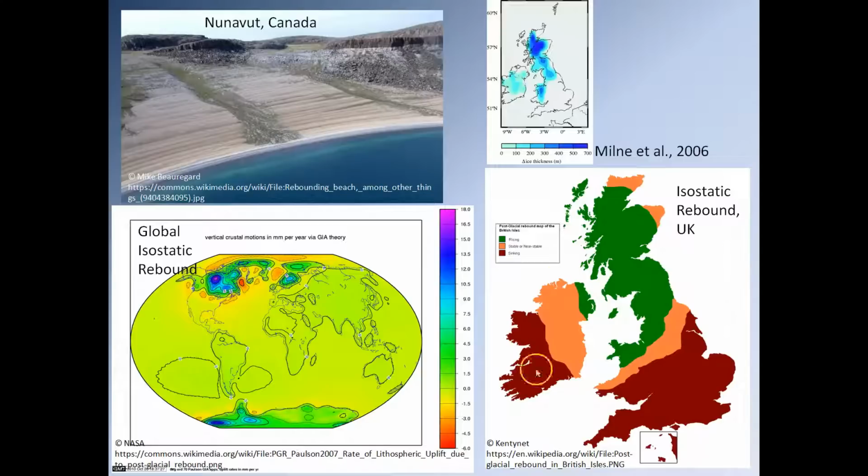The weight of the ice pushed down Scotland, northern England, northern Wales and a bit of Ireland, and that caused the southern portions of the United Kingdom and Ireland to rise up. Once that ice has disappeared, the northern areas have started going up, and so the southern coastal regions have been dropping down, which I think is quite an interesting little side note.